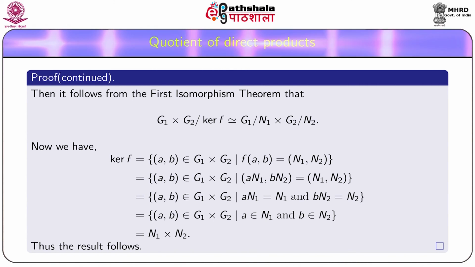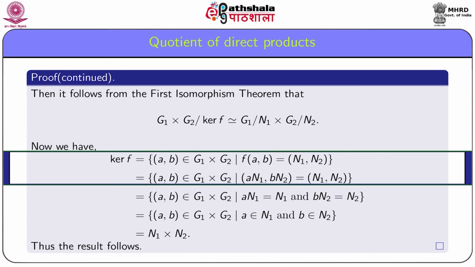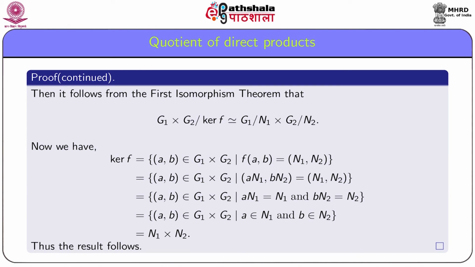Now we show that kernel f is actually equal to N1 cross N2. Now (a, b) belongs to kernel f if and only if f(a, b) equals (N1, N2), that is (aN1, bN2) is equal to (N1, N2), that is aN1 equal to N1 and bN2 equal to N2, that is a belongs to N1 and b belongs to N2, that is (a, b) belongs to N1 cross N2.